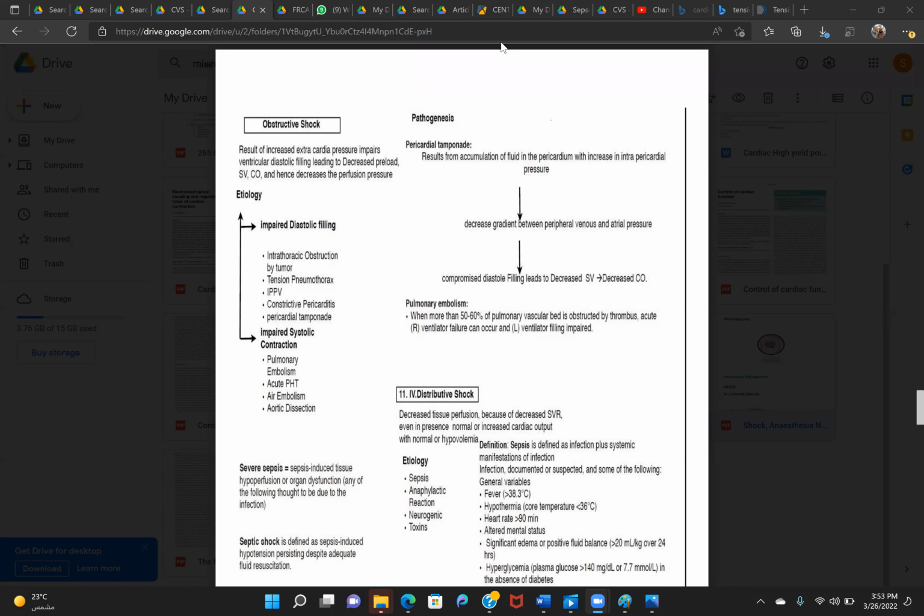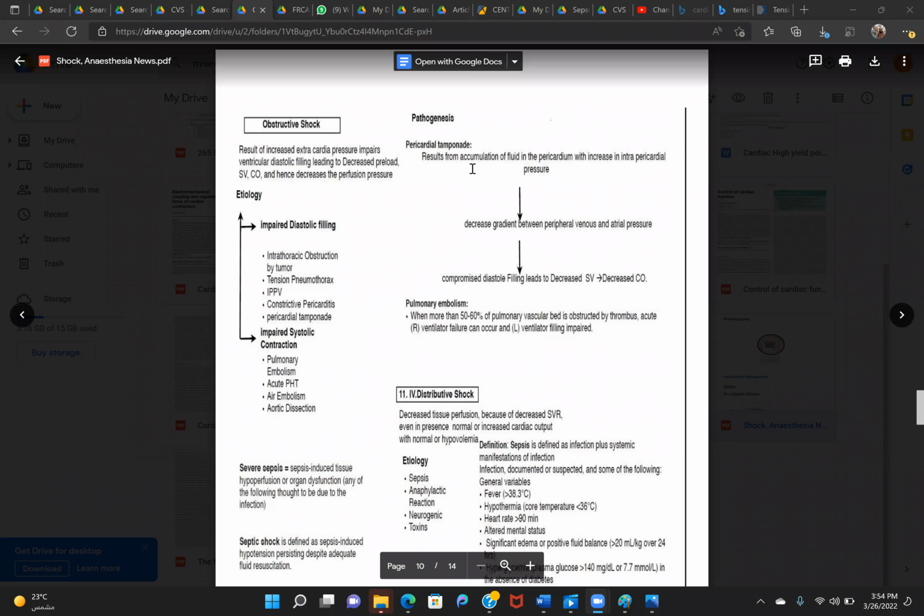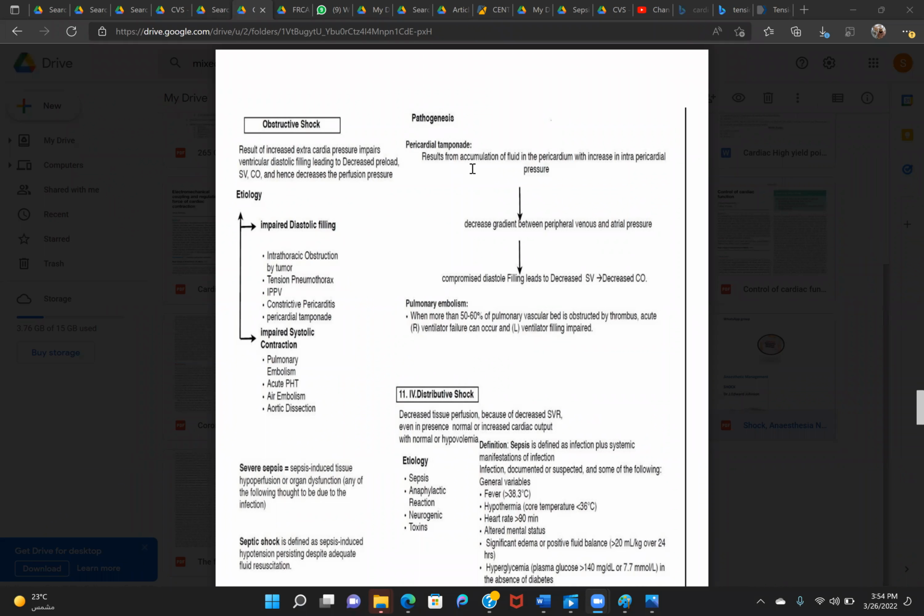Yes, Dr. Mahjabin. In pulmonary embolism, the blood supply towards the lungs is compromised.